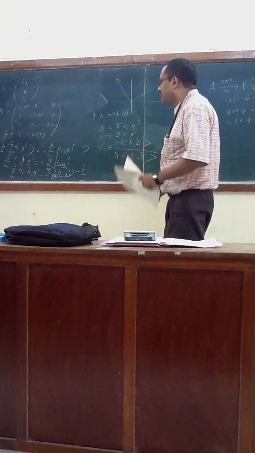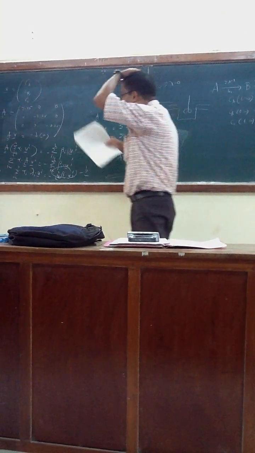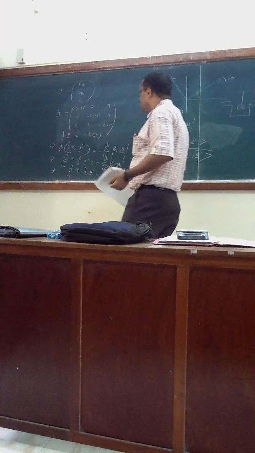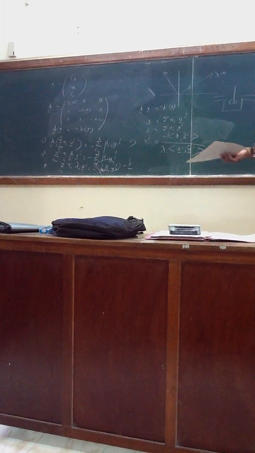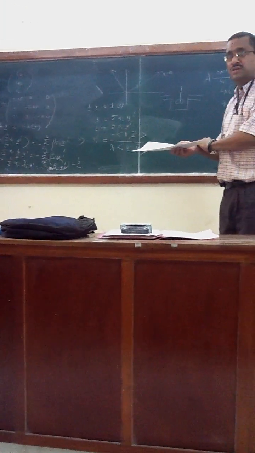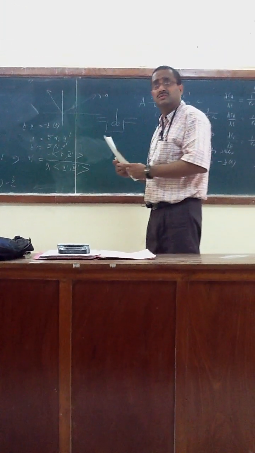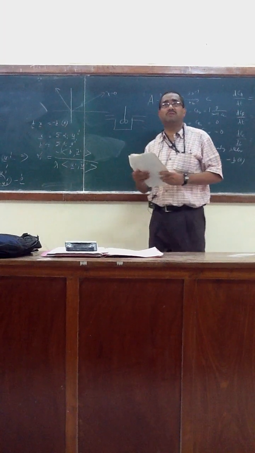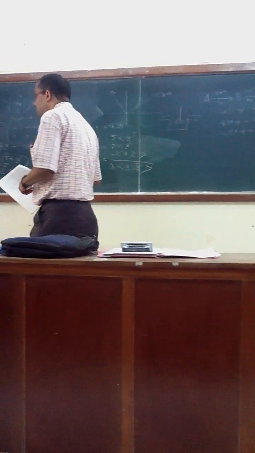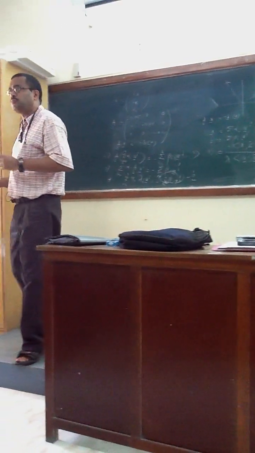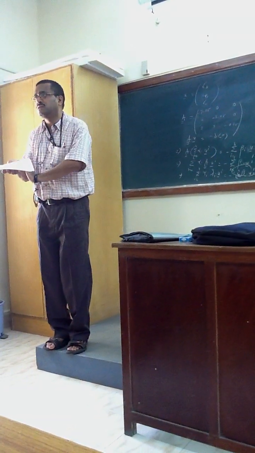So what are the eigenvectors? Eigenvalues first of all. What are the eigenvalues? Yeah, minus 2.25. Only one eigenvalue?